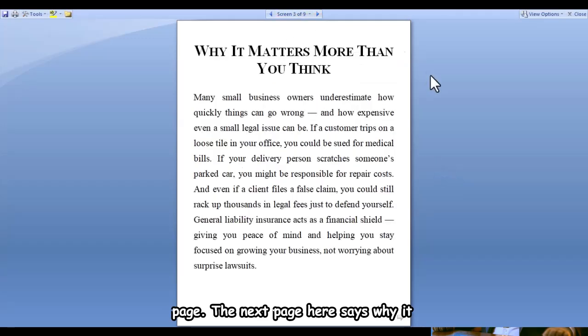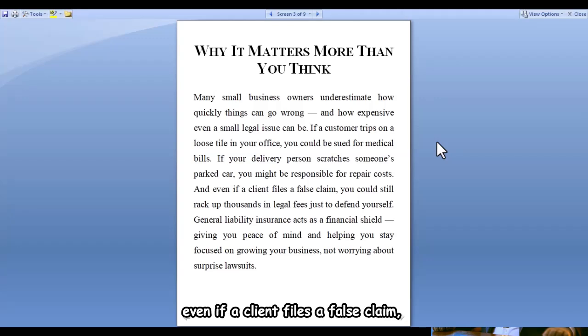Now let's go to the next page. The next page says why it matters more than you think. Many small business owners underestimate how quickly things can go wrong and how expensive a small legal issue can be. If a customer trips on loose tiles in your office, you could be sued for medical bills. If your delivery person scratches someone's parked car, you might be responsible for repair costs.